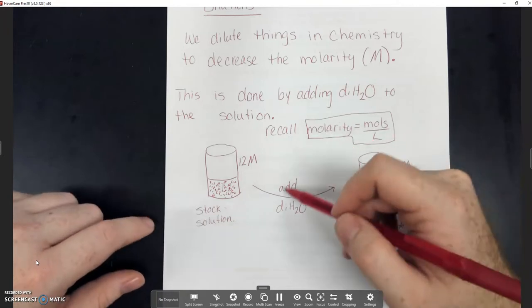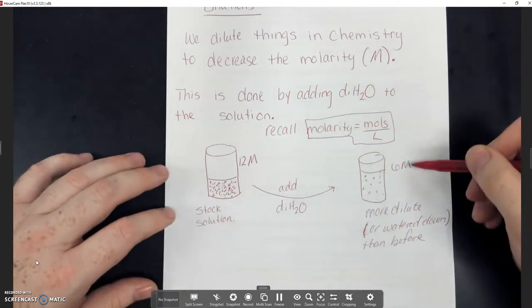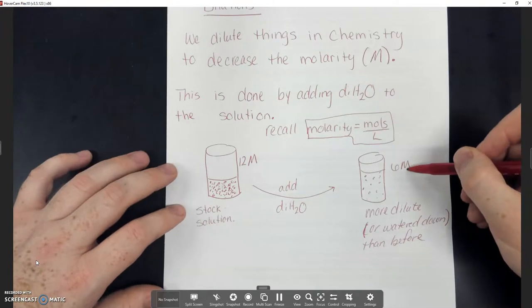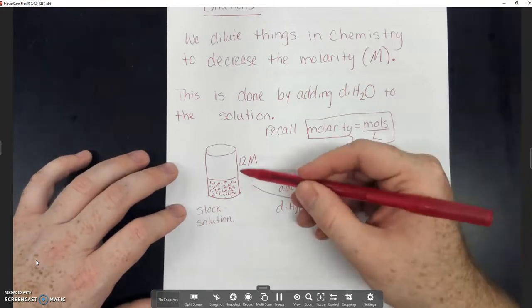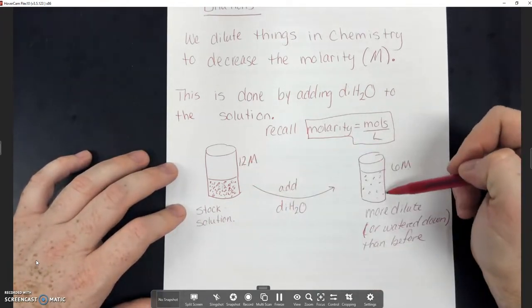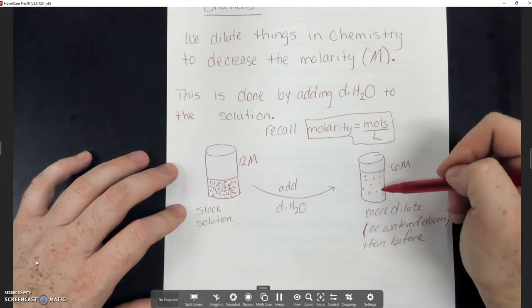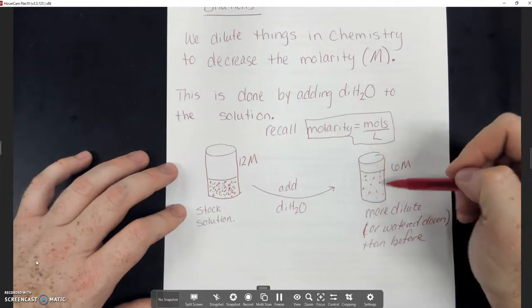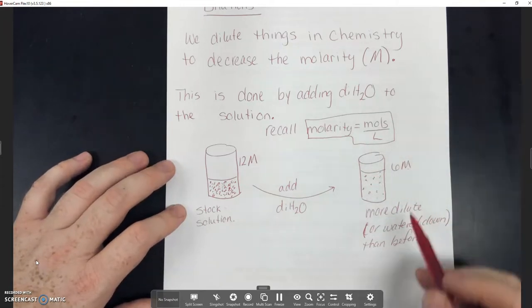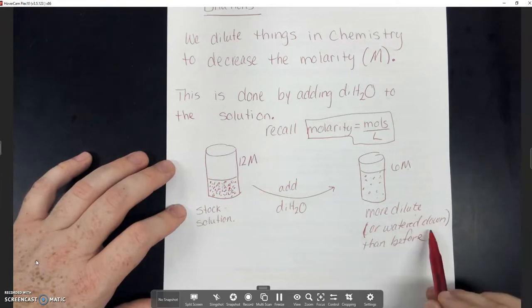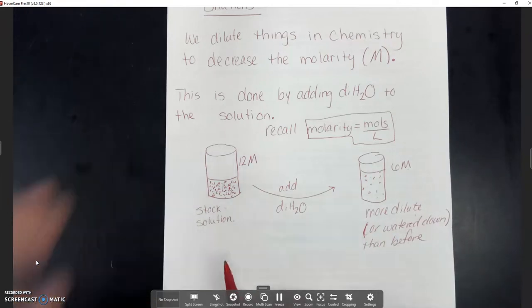Let's say I added some distilled water, and now the new molarity is 6 molar. Well, you can see that the volume has risen in the new dilute solution, as it should, because I added distilled water, and the moles or the particles dissolved in the solution are a little bit more spread out. This is the more dilute solution, or watered down, than it was before.